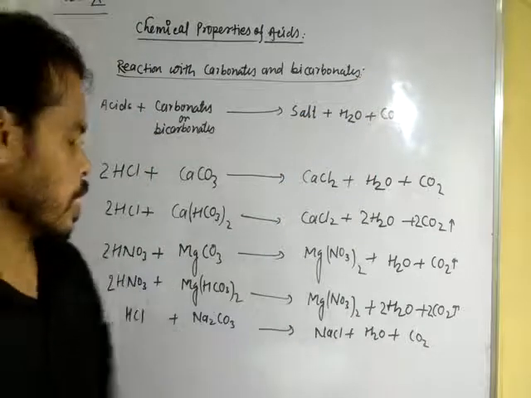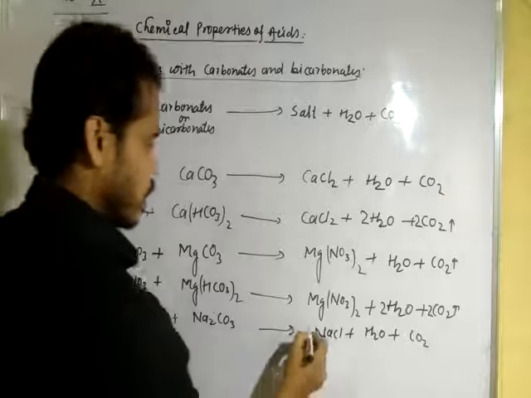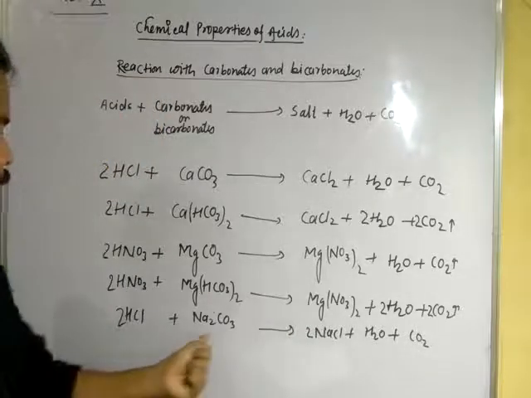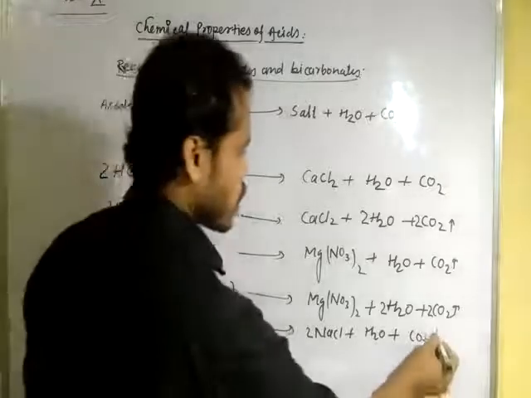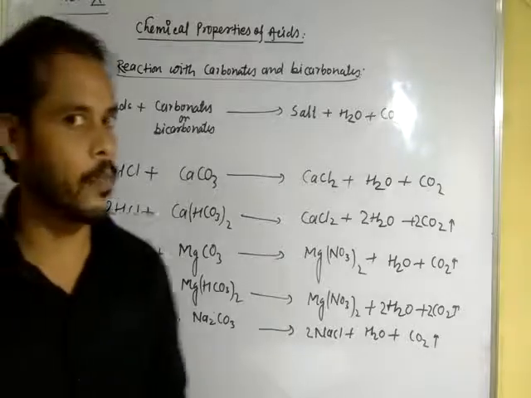Salt, water and carbon dioxide. Here sodium chloride, so multiplied with 2, it is 2 NaCl, 2 H and carbon dioxide. This reaction is a balanced reaction. Okay? Very important and very simple reaction.